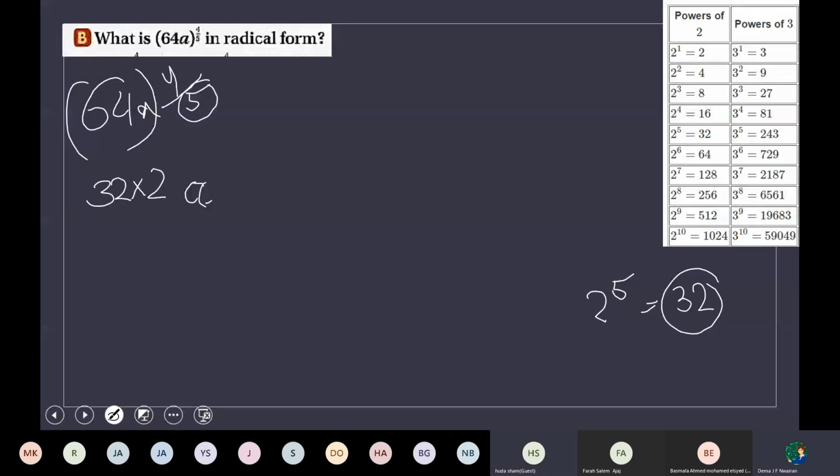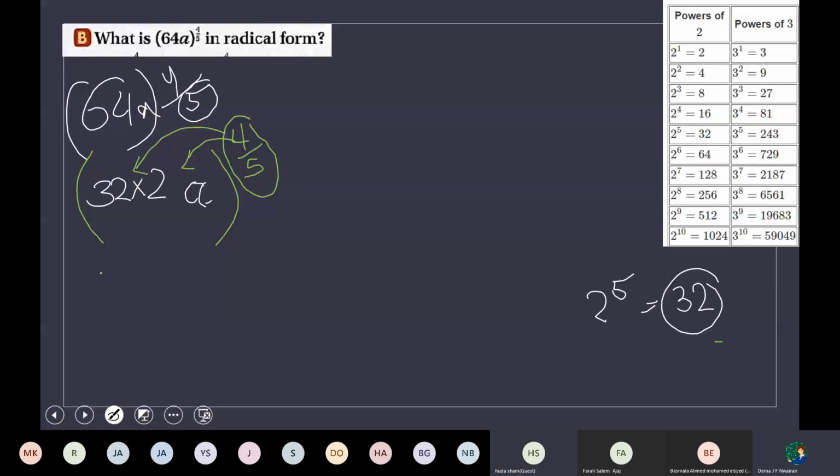And what will happen with the a and 4 over 5? Keep it as it is. I didn't make anything with them until now. Just write 64 as 32 times 2. Then we know that if we have a product of numbers or bases that's raised to an exponent, I just raise an exponent to each one.